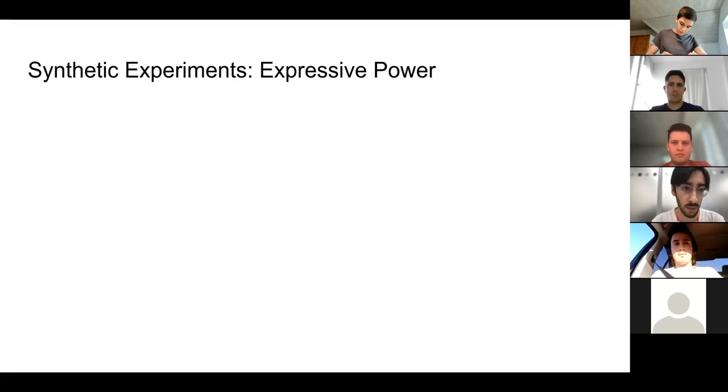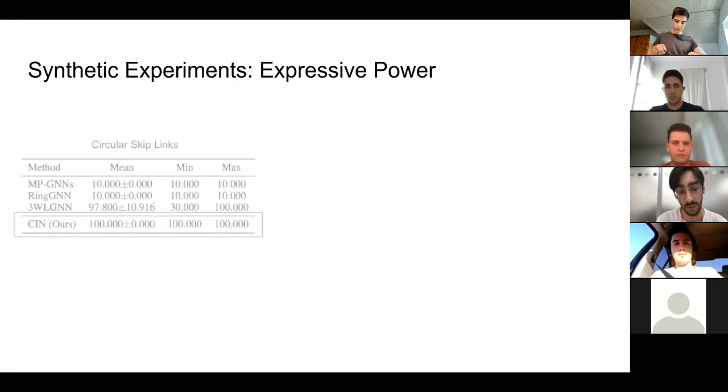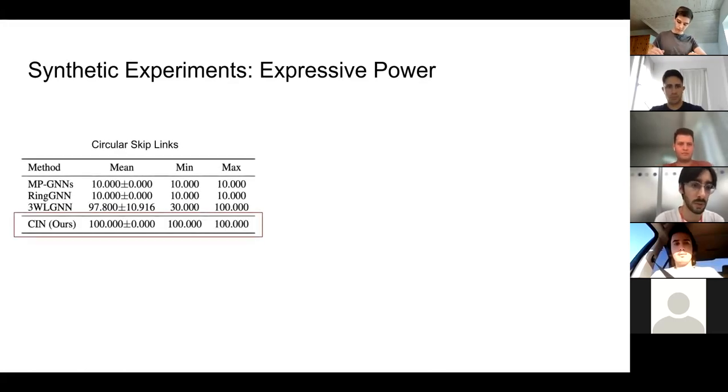Let's take a look at some results on synthetic experiments. We first experimented on a benchmark called the circular skip link dataset. This is a benchmark for expressive power. The data set is made up of 4-regular graphs, and they cannot provably be distinguished by the WL test, and therefore this explains why standard message passing neural networks attain basically the same performance as a random guess.